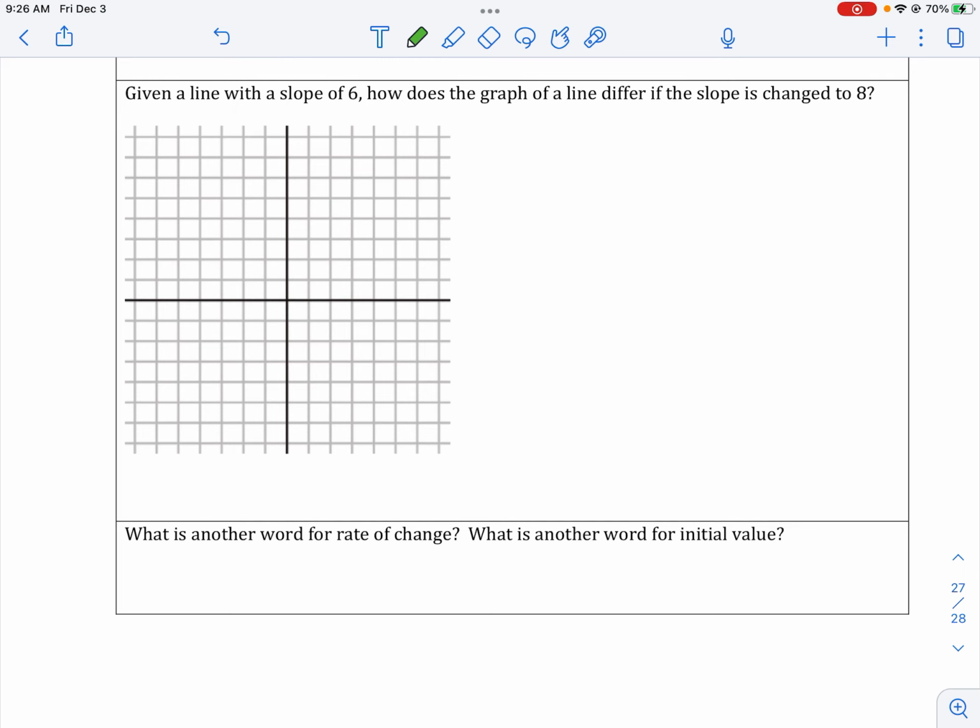Given a line with a slope of 6, there's a line with a slope of 6. How does it differ if the slope is changed to 8? So here, the line has become steeper.